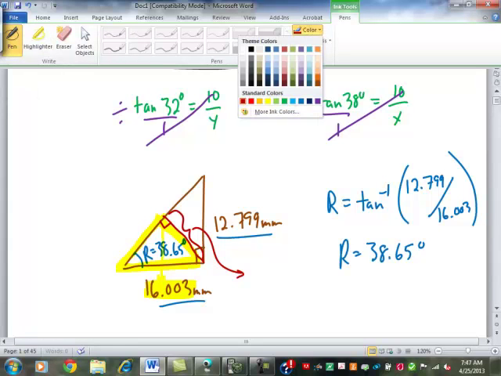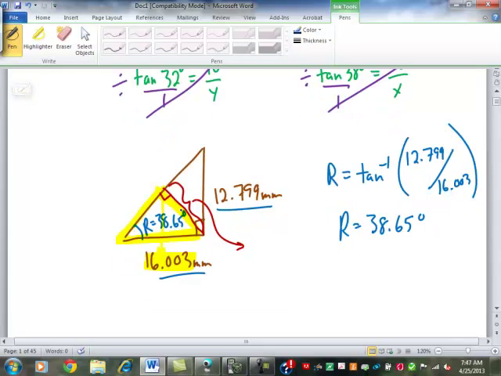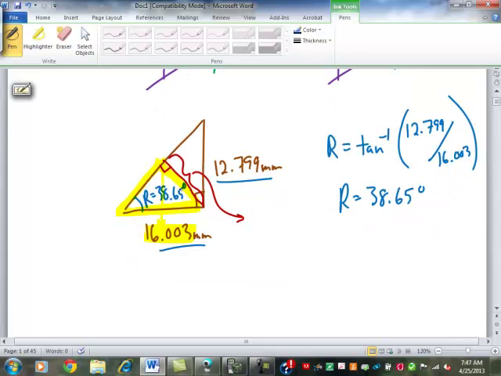The side we're looking for, this diagonal here, is one of the legs. It is the opposite side, according to our 38.65 degree angle. So we have opposite and hypotenuse, which makes that a sine. So it is the sine of 38.65 degrees equals the opposite side, the side we're looking for, over our hypotenuse, which is the 16.003.